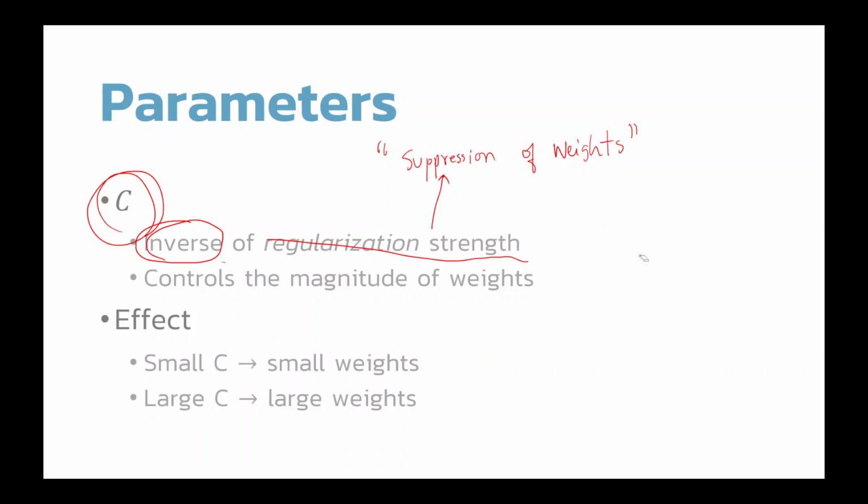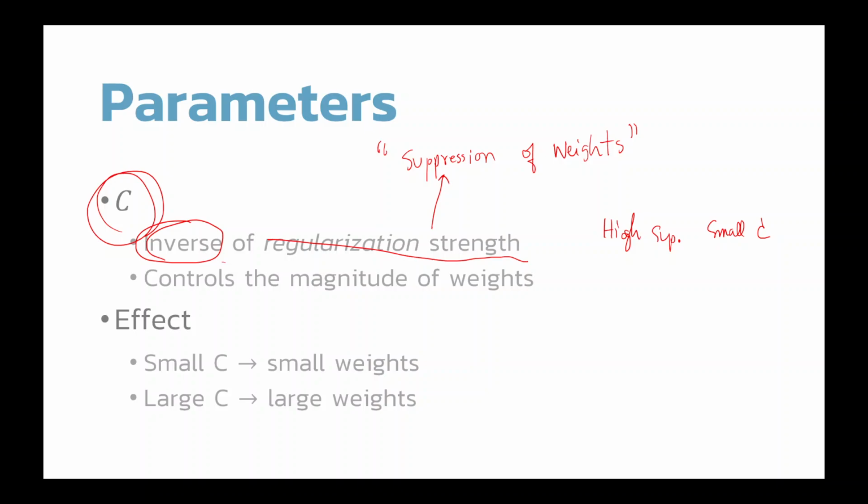So if high suppression, right? High suppression means small C, because C is the inverse of the strength. So if the strength is the suppression, high suppression is smaller C, right?